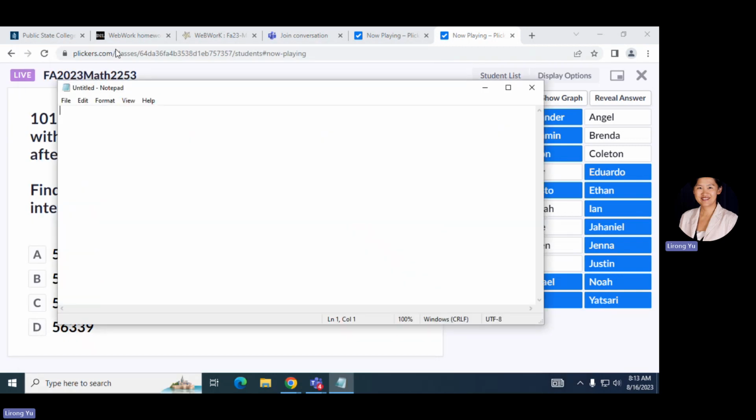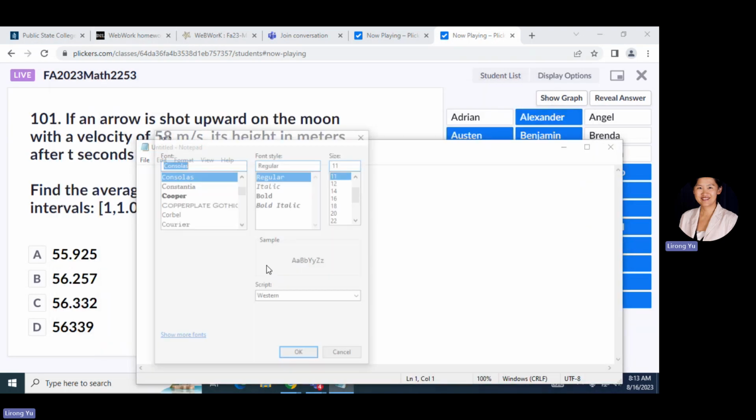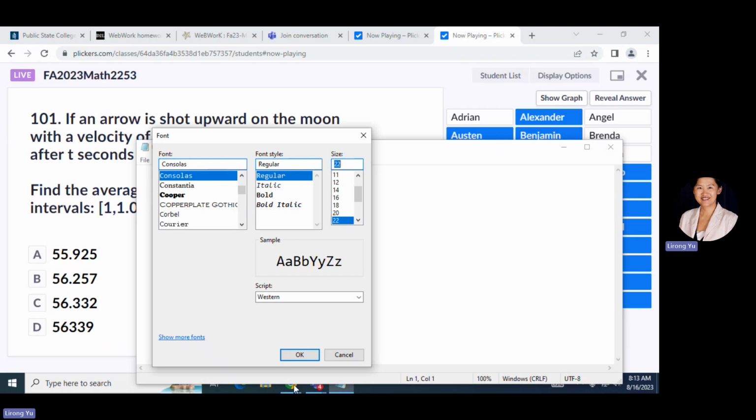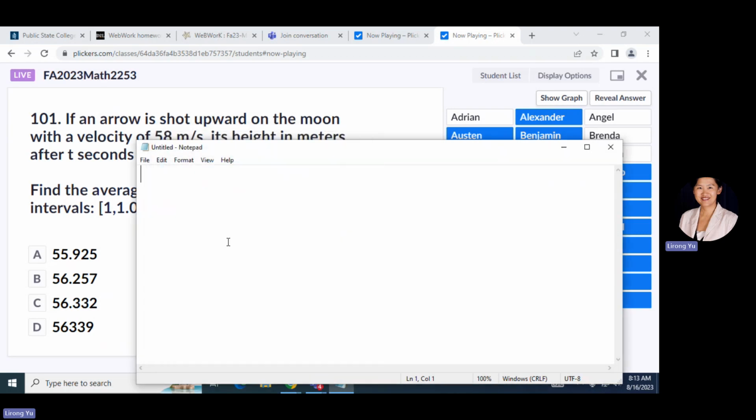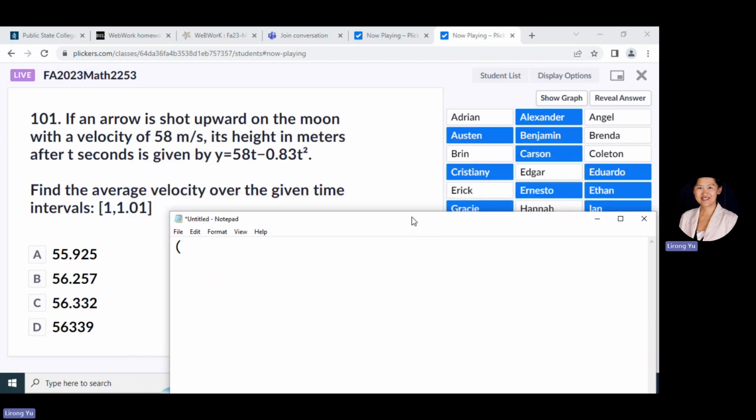So I do the calculation on the board. The numerator should be the y values subtracted, and each y value has to be calculated based on the x value.